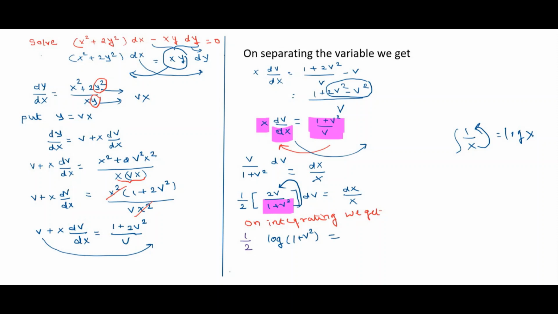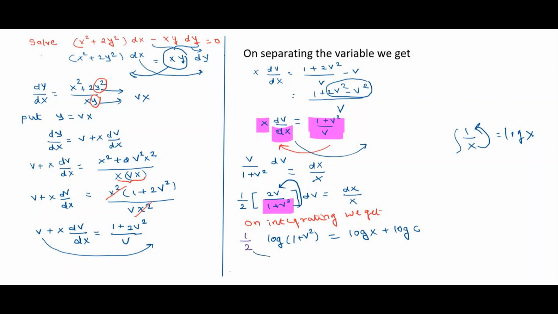what is the integration of this right hand side term? Here also 1 by x, the differentiation of x is dx. So directly we can write the integration of 1 by x into dx as log x. Now both the terms are in logarithm, so now I will take the integration constant as log c. Okay.